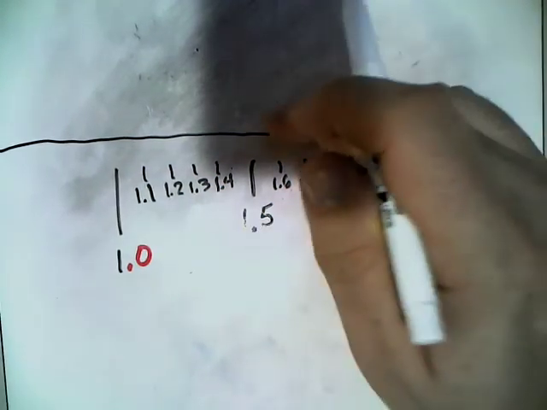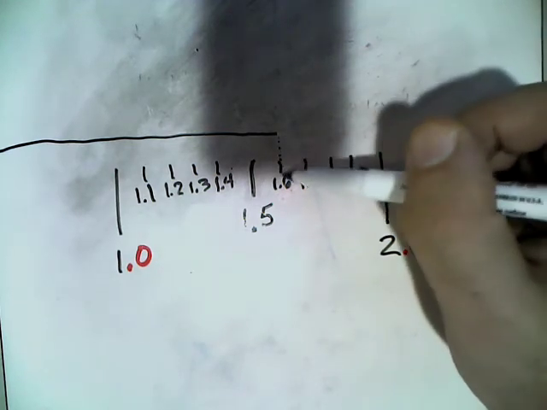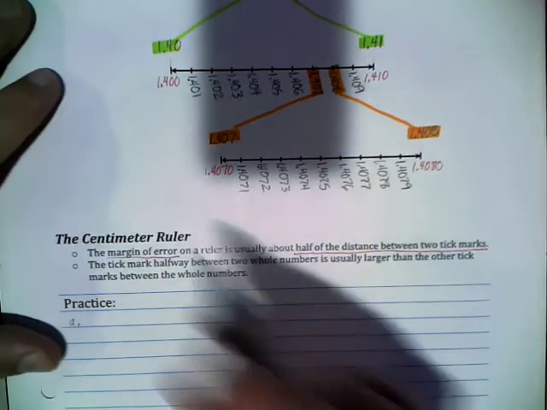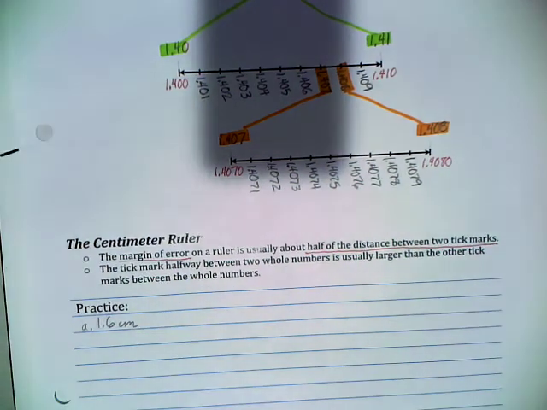And so if we look down at the ruler, it seems to be one tiny tick mark beyond that 0.5, which means that that segment, according to that ruler, must be 1.6 centimeters long.